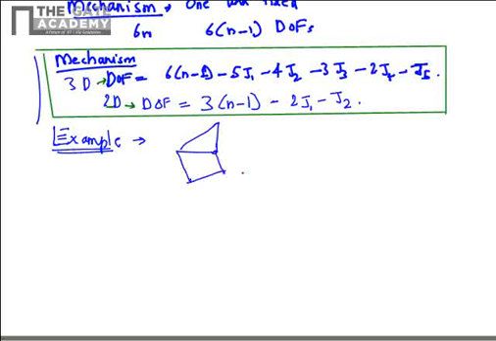This is how the questions will come in the GATE examination. There will be a sketch of a kinematic chain or mechanism, and then you will be asked to find out the degrees of freedom of the mechanism. Or sometimes you will be asked, in other words, whether the mechanism is mobile or immobile, or whether the motion is definite or indefinite.